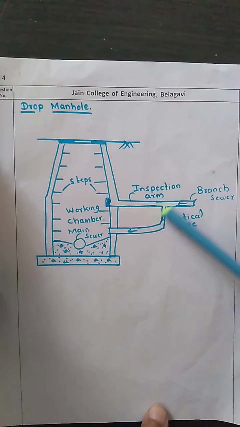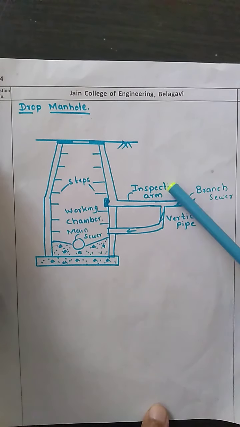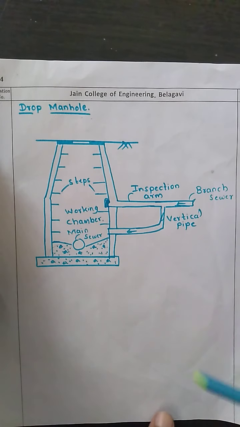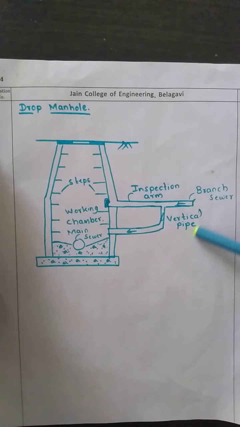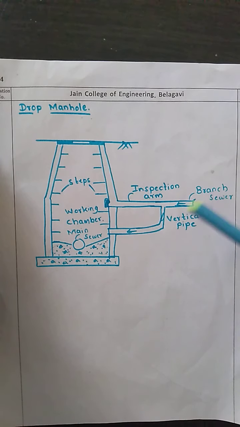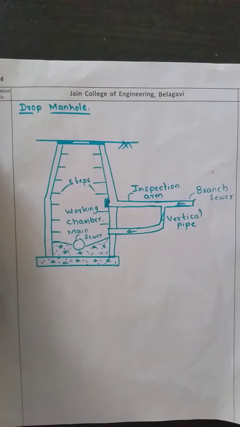Whenever the branch sewer and the main sewer are at different heights, in order to bring the wastewater from the branch sewer line to the main sewer line, we provide what we call a drop manhole.